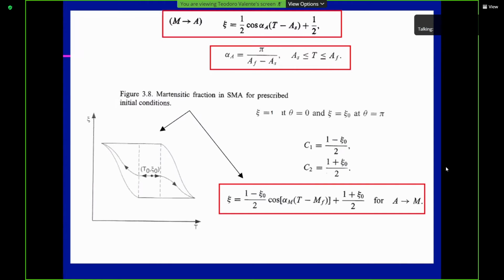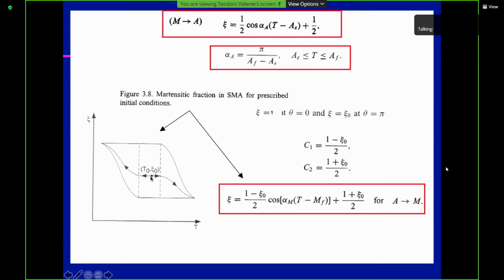If we want to make a more general approach, we could also discuss the possibility that our starting point, where there is the arrow of my mouse, is not a starting point which, for example, on cooling says to us that the initial conditions are 100% austenite.